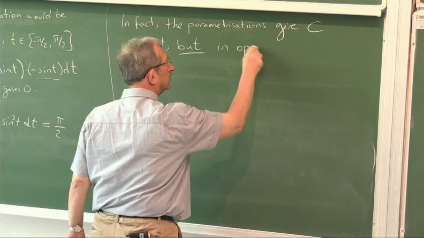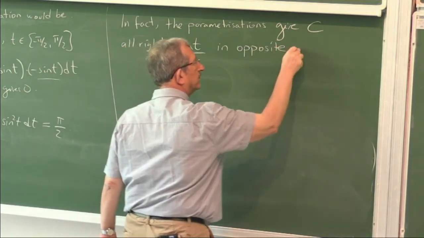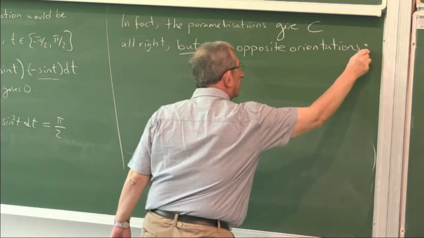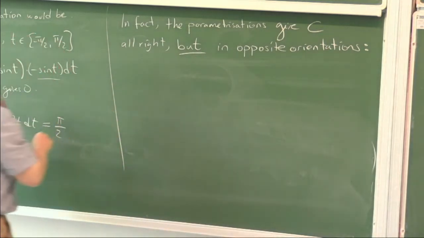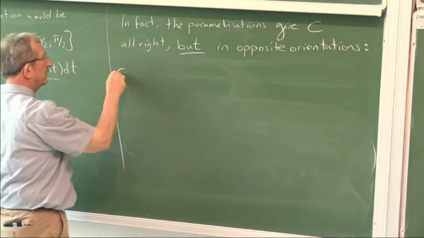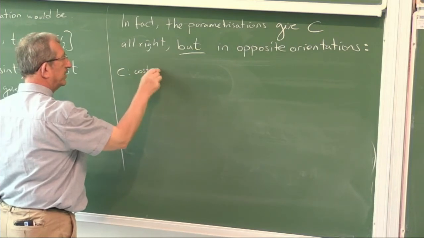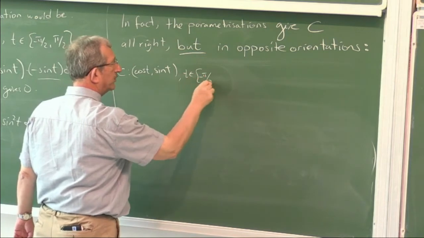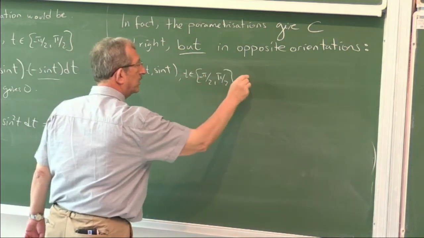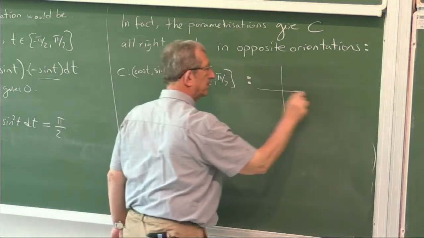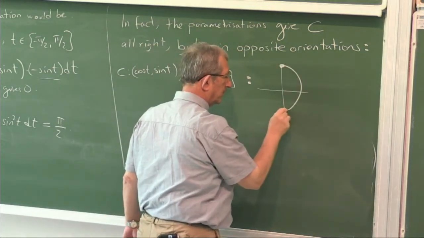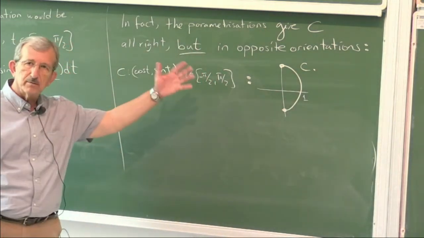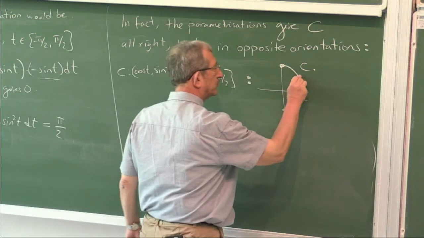Actually, in opposite orientation. Namely, the first one, that is cosine t, sine t, where t runs from minus pi over 2 to pi over 2, gives us this C, but when t, the polar angle, increases, it moves in this direction.